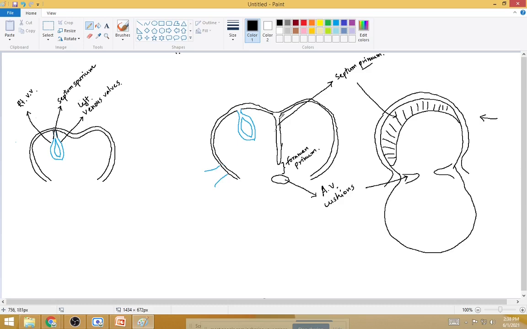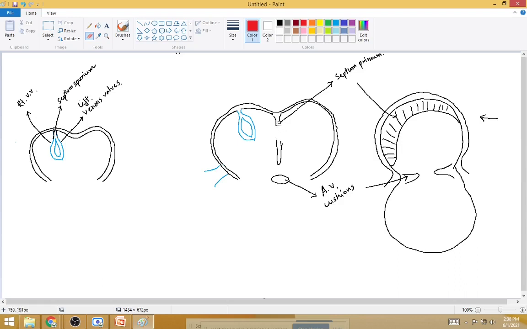Okay, so the blood from where is it passing? From here. Now if this part is completely formed, then there won't be a passage for the blood here, isn't it? So before this small ostium primum obliterates, there are some areas of cell death.